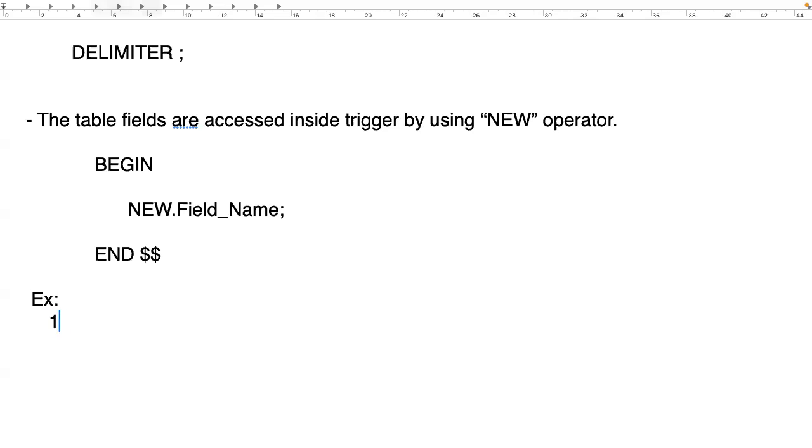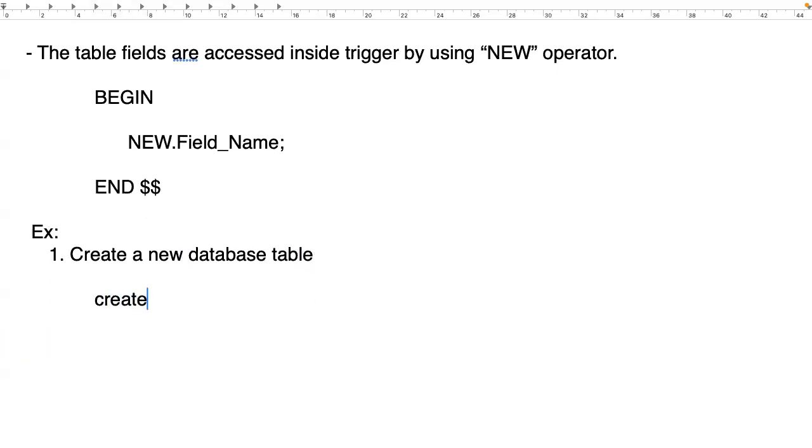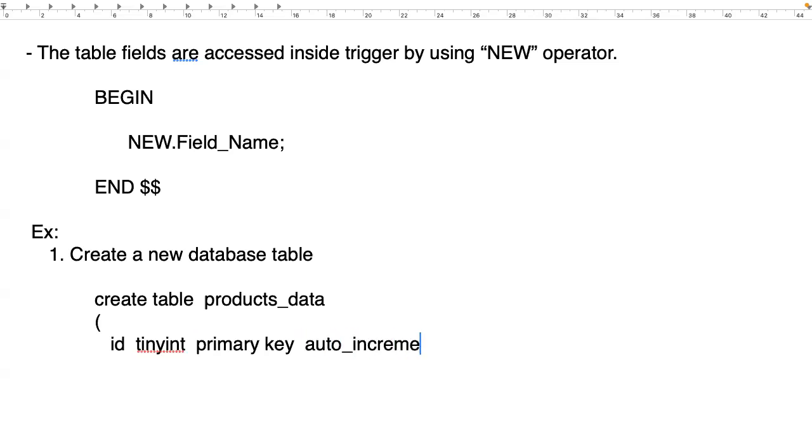So first what you do is create a new database table. So create table, some name products data. Tiny int, primary key, auto increment.